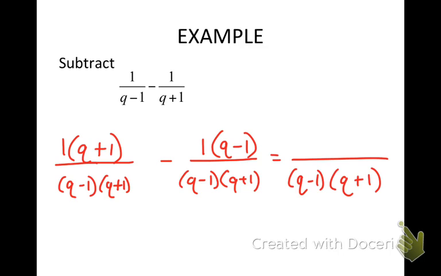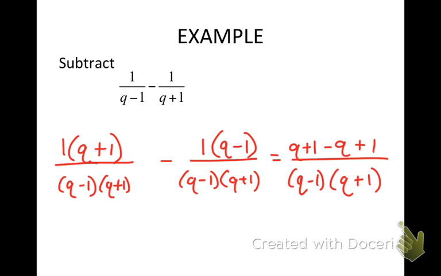Now let's be careful here. Distributing my 1s is not going to affect those expressions, so my first numerator will just be q plus 1. But now I need to be careful. Here I am distributing a negative 1, technically. So if I distribute a negative 1, that q is going to become a negative q. And distributing that negative 1 to a negative 1 is going to make it become a positive 1.